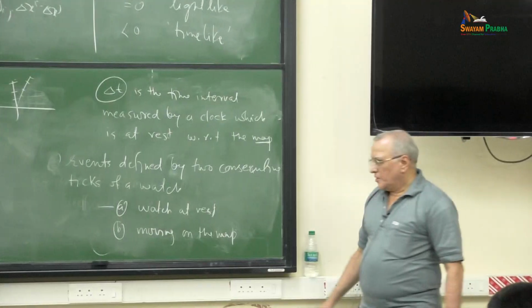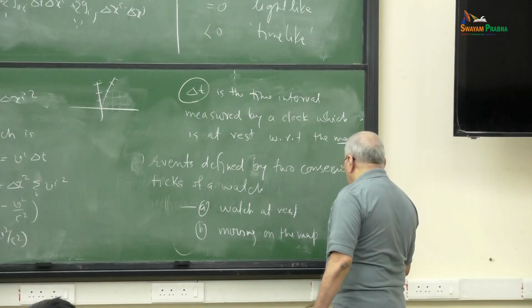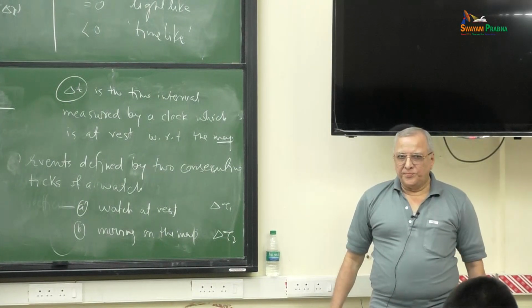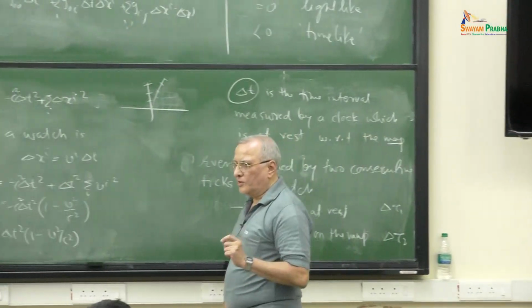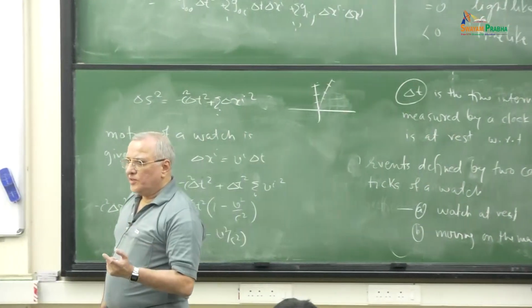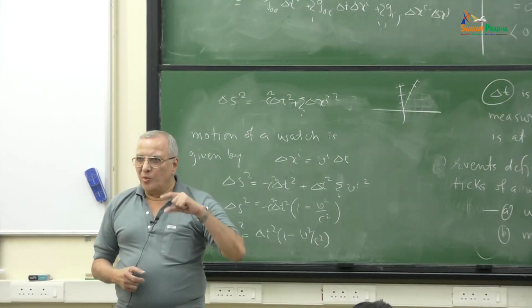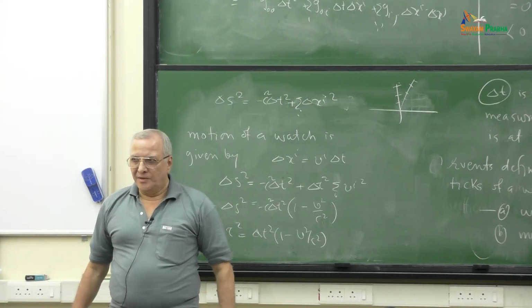So this will define for me a delta tau 1, let us say, and this will define delta tau 2. The intervals will be different because the two events are different, right? But because the events are defined by the ticks of a clock, and since the events are different, their intervals are different; the second as defined by a moving clock is different from the second as defined by the clock at rest.